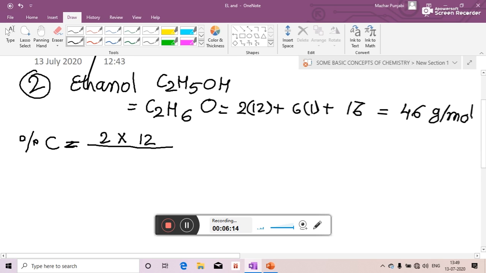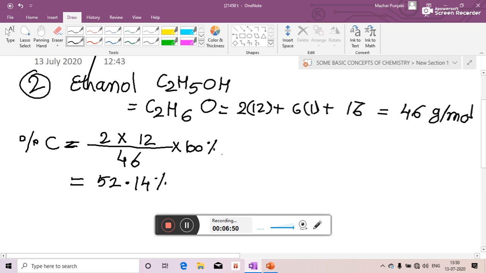So in the denominator, molar mass of ethanol is 46, into 100%. So that is equal to 52.14%.